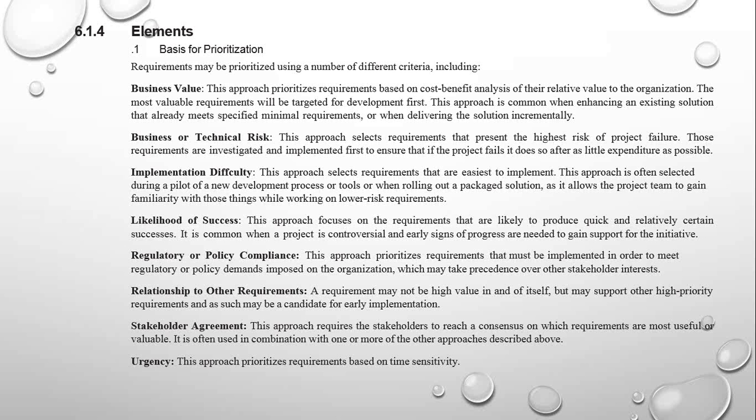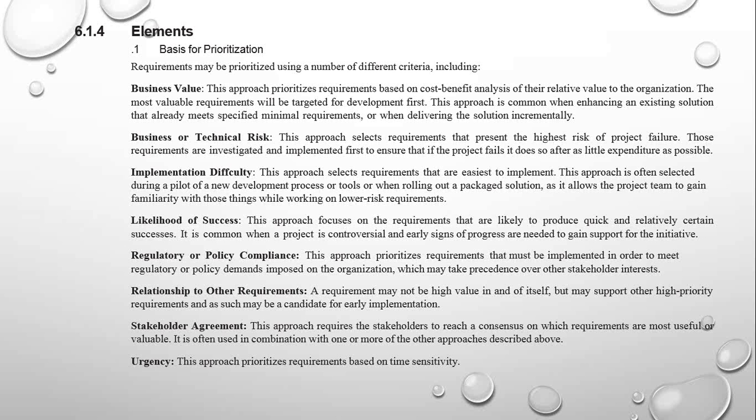The approach prioritizes requirements based on a cost-benefit analysis of their relative value to the organization. The most valuable requirements will be targeted for development first. This approach is common when enhancing an existing solution that already meets specified minimal requirements, or when delivering the solution incrementally. So now we are good with business value.